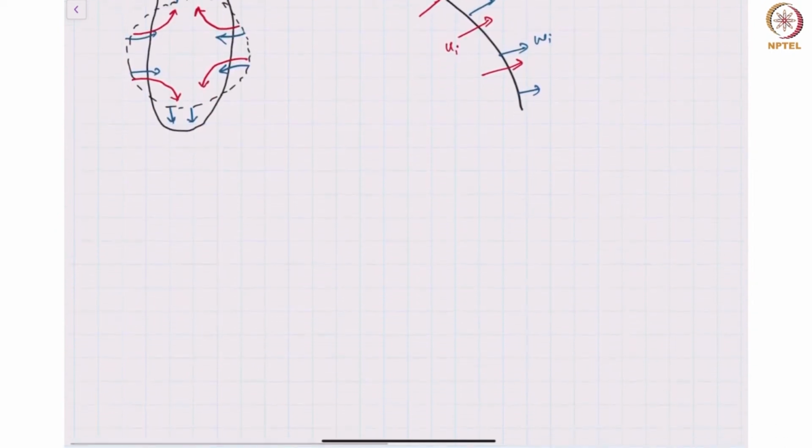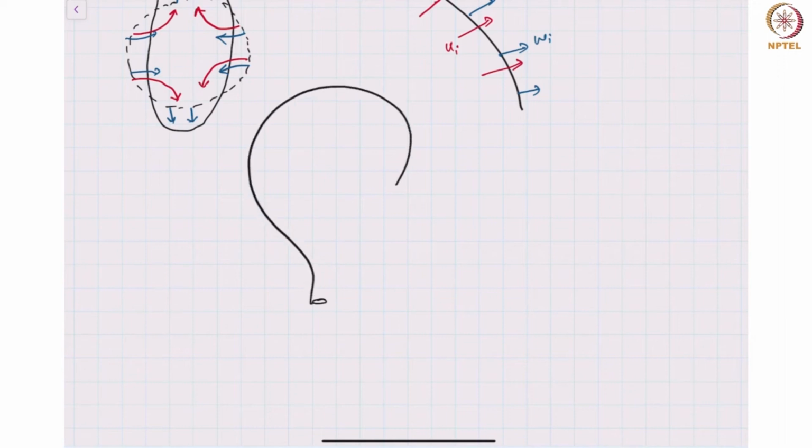Now let's consider another situation where there could actually be a mass transfer across the boundary. This is not a fluid flow system. I mean, this is not an interfacial system, but it's still a useful example to look at. Let us say you blow a balloon. This is the mouth of the balloon. Okay, and I'm interested in a control volume.